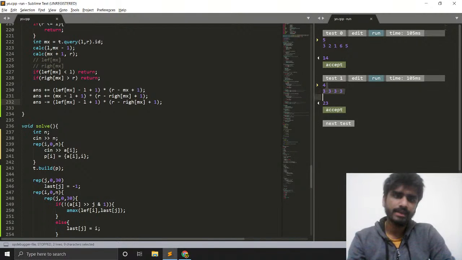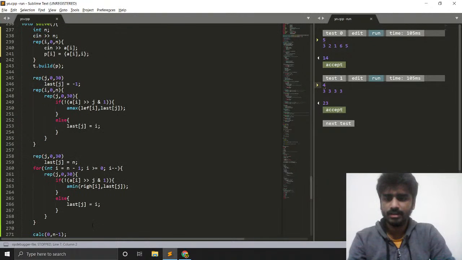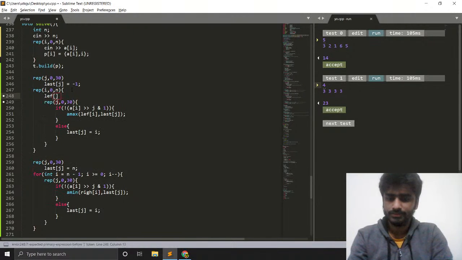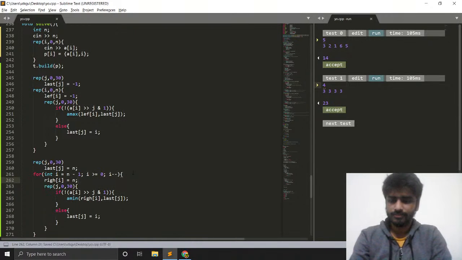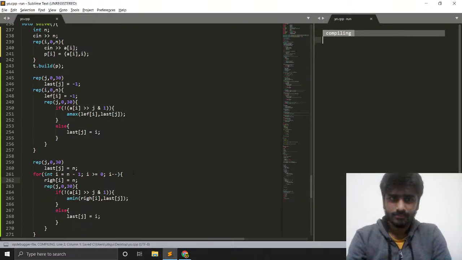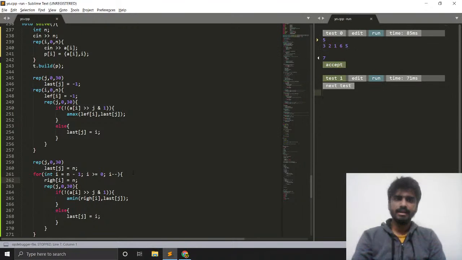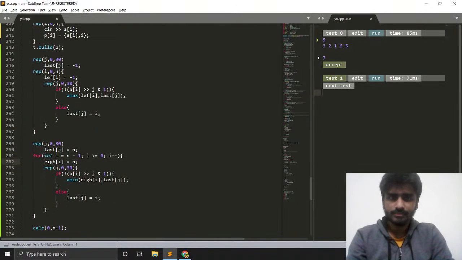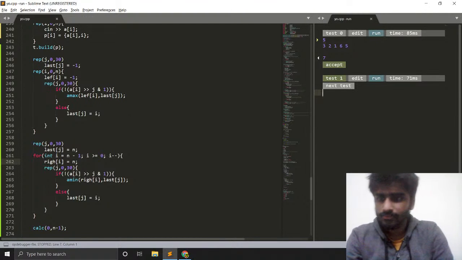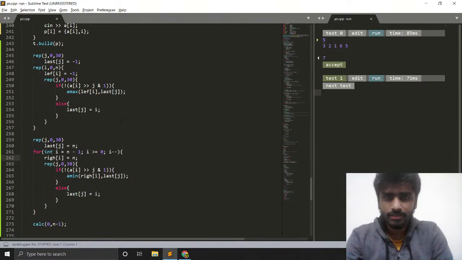Okay, so in the second test case, I think all the lefts should be -1 and all the rights should be... okay. I think this is what I did wrong. Okay, so at least I got the second one right, but the first one is still wrong. So where could be the problem?